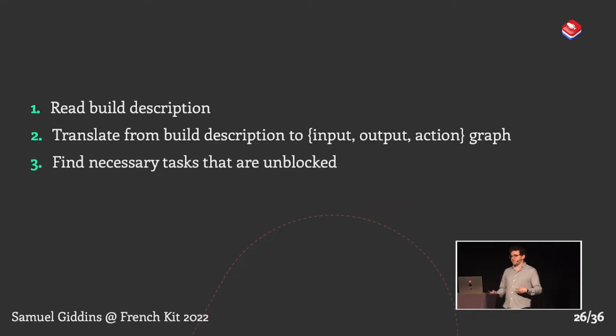Once we have that graph, we know the thing that we're trying to build. Let's say we're trying to build our app. We know that the app depends on the framework. The framework requires us to build a Swift module. To build a Swift module, we have to build each Swift source file in that module and then create a Swift module from those source files.